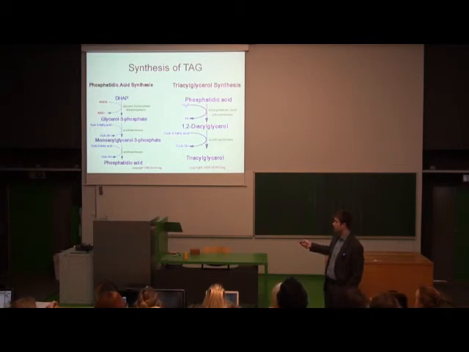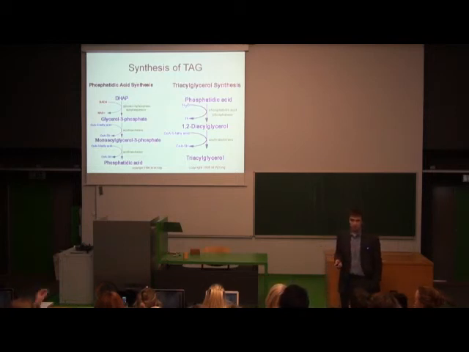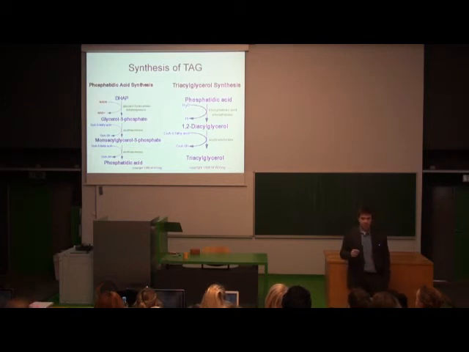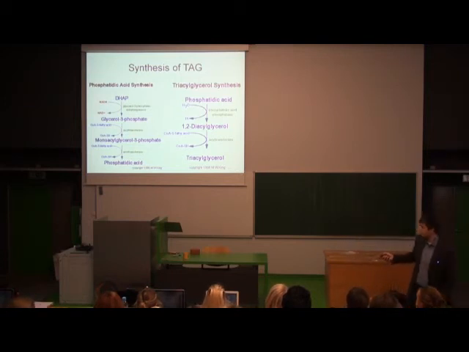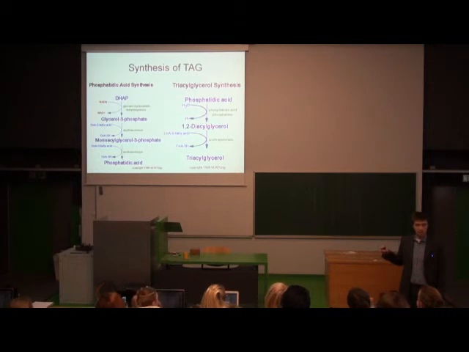In the first step, you produce monoacylglycerol 3-phosphate. And in the second reaction, you produce diacylglycerol 3-phosphate. And this compound is called phosphatidic acid. Yes? It's the same as diacylglycerol phosphate. Now the problem is that the phosphatidic acid still has phosphate on the third carbon.